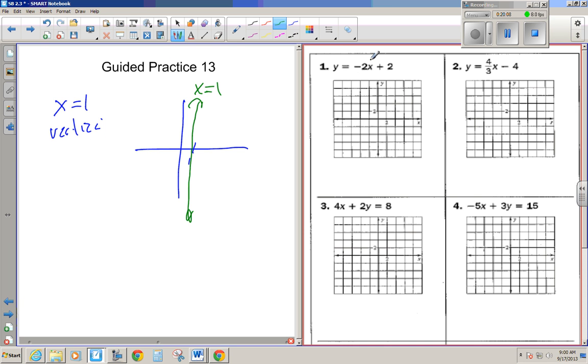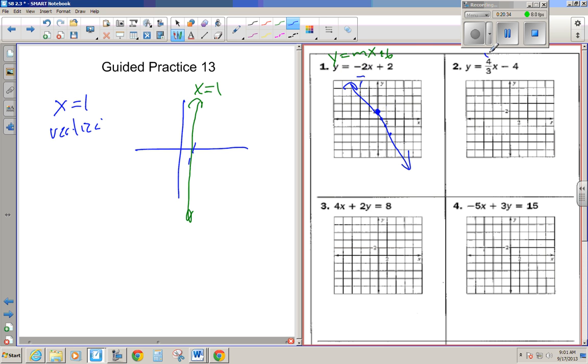All right, let's take a look here. This is, first of all, what form? y equals mx plus b. So once you get good at this, you can just put a dot at 2 on the y-intercept. The slope is negative 2 over 1, so that's down 2 over 1, down 2 over 1, down 2 over 1, and you get a nice straight line.